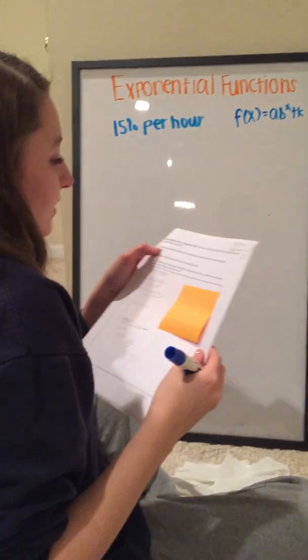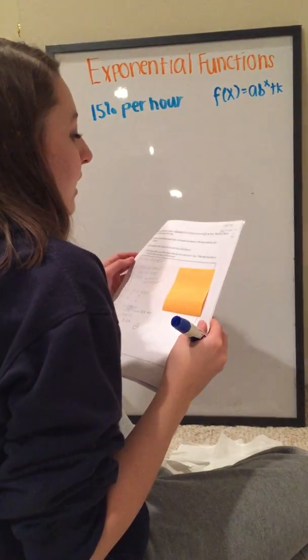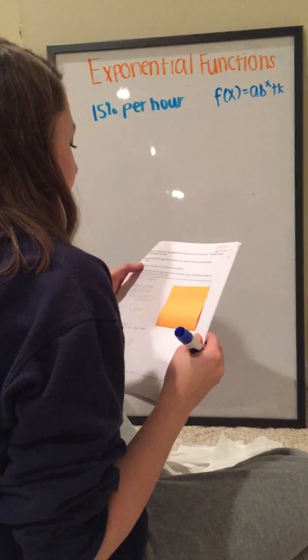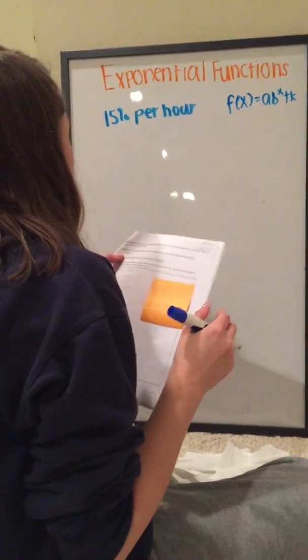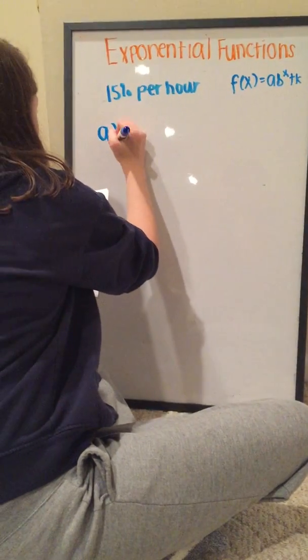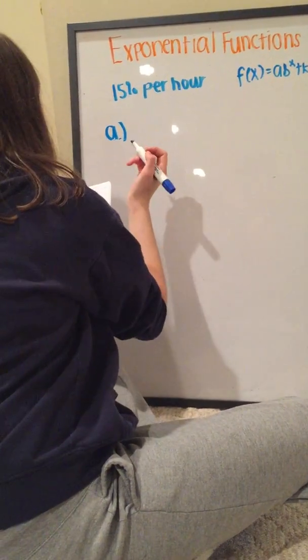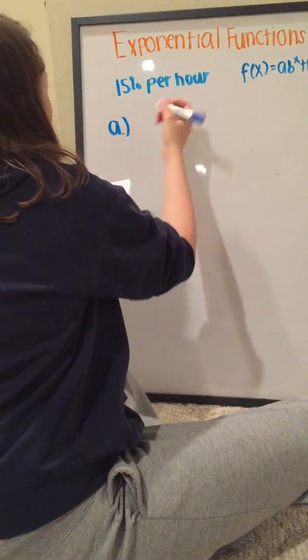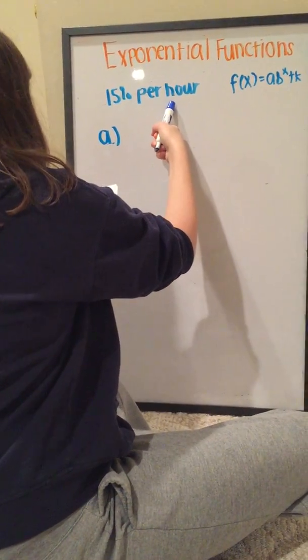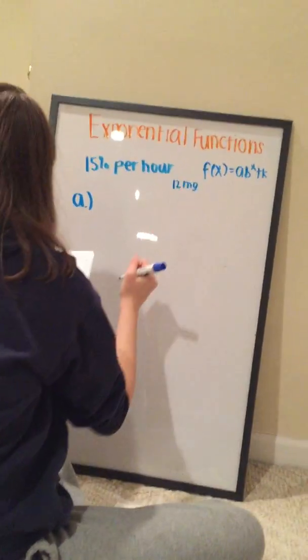So the first part we need to find is, it says create an exponential model that will compute the amount of the drug remaining after t hours. To find this, we just look at what is said in the original part of the problem. So it's eliminated, and it's at 15% per hour, and there's 12 mg of the drug.